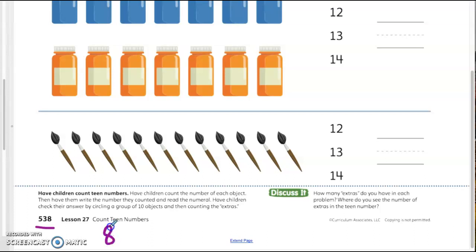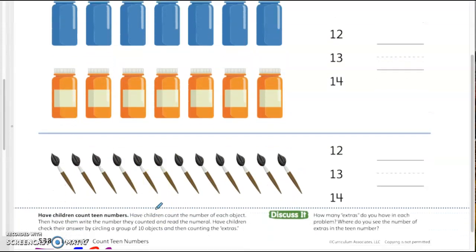Yep, there are 8 ones. How many tens are there in 538? Yep, there are 3 tens. And then let's look at the first number right here. How many hundreds are in 538? I hope you said 5, because there are 5 hundreds. That number is 538.